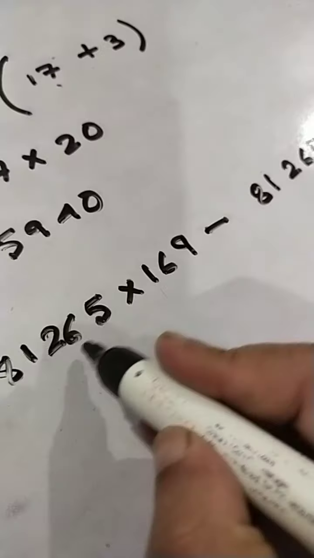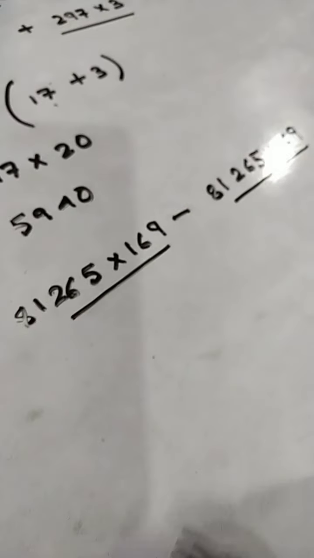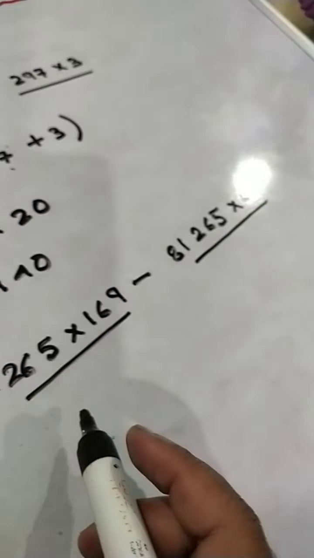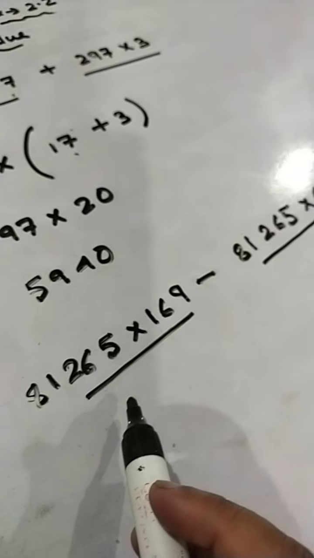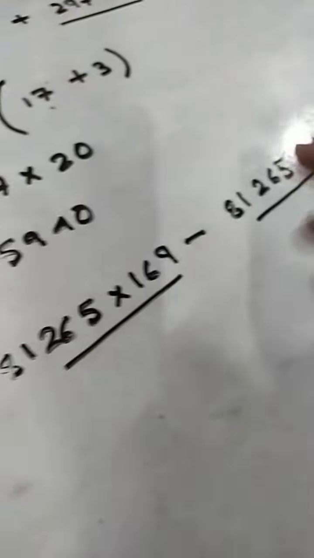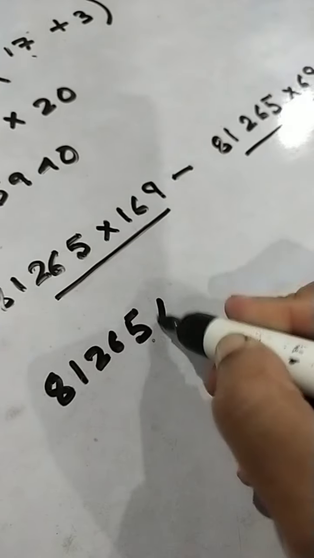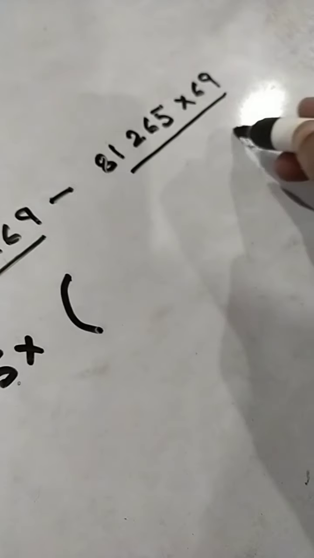Again we'll consider this as first set of numbers and this is second set of numbers. Fine. So which number is common? Yes, I'm quite sure that most of you have understood. 81265 is a common number to both the terms, isn't it? So we'll take 81265 as common, put the multiplication sign and again put the bracket.